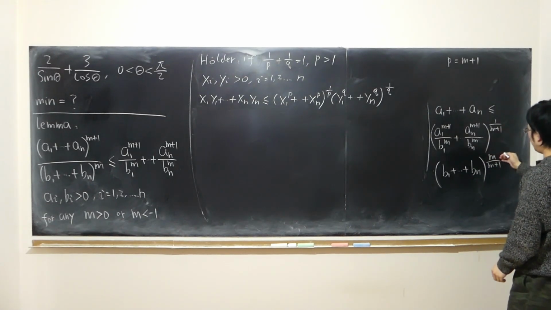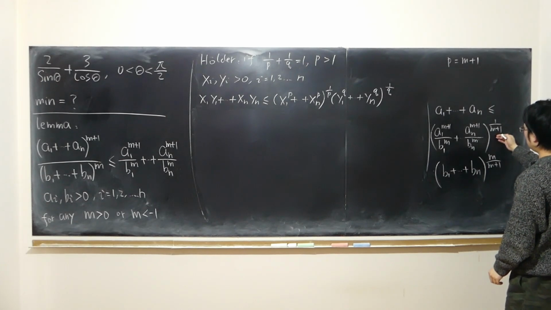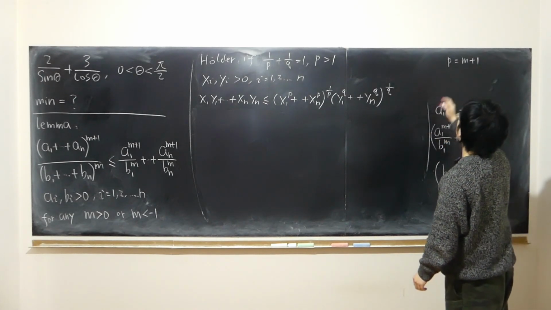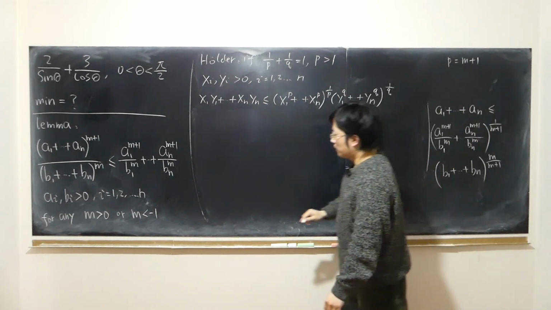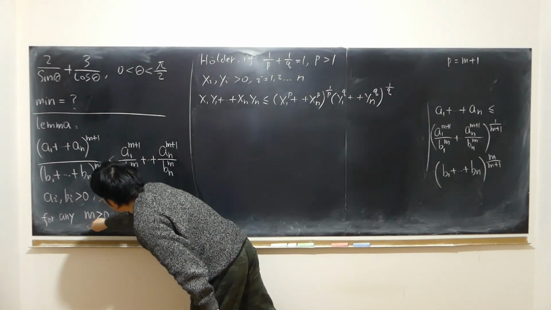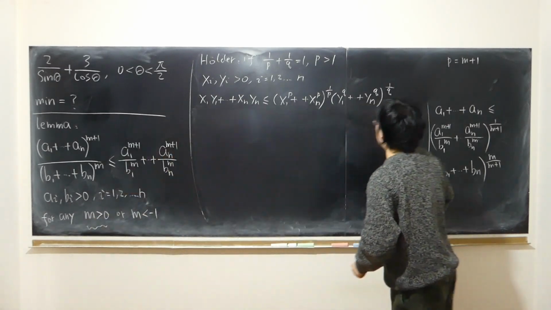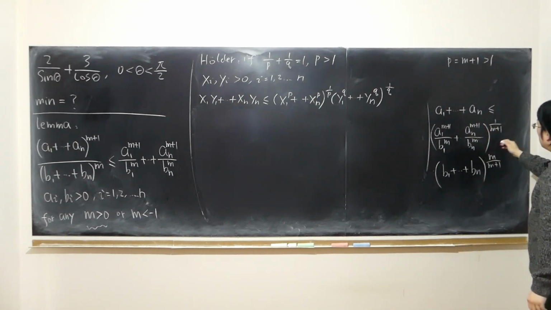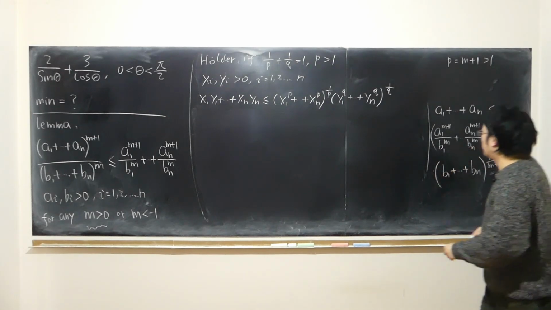Here we just raise to the power of, let me see if the inequality changes. Let's just consider the first case where m is greater than 0, so it's greater than 1. No problem, raised to the power of m plus 1 on both sides. The inequality remains.